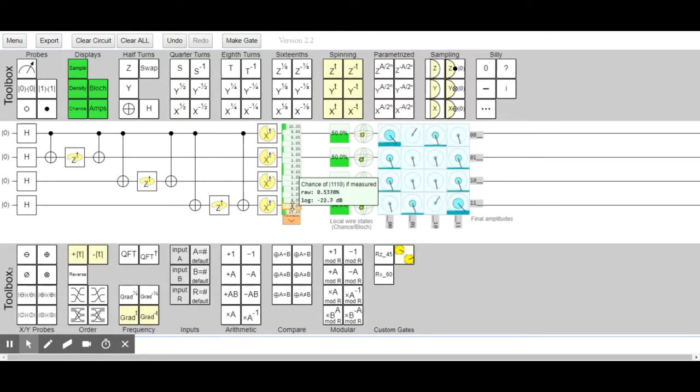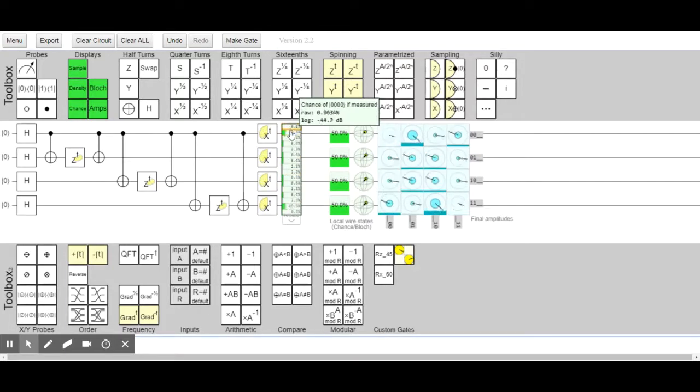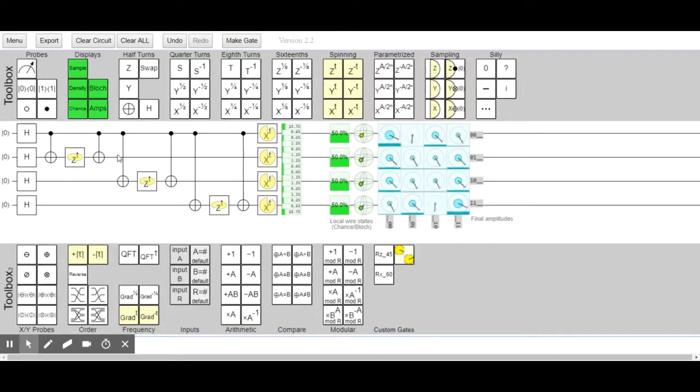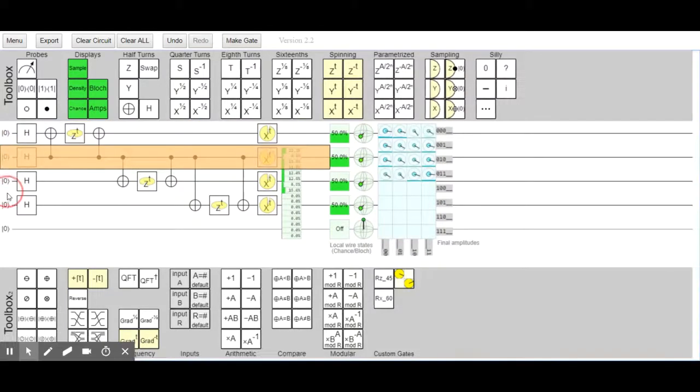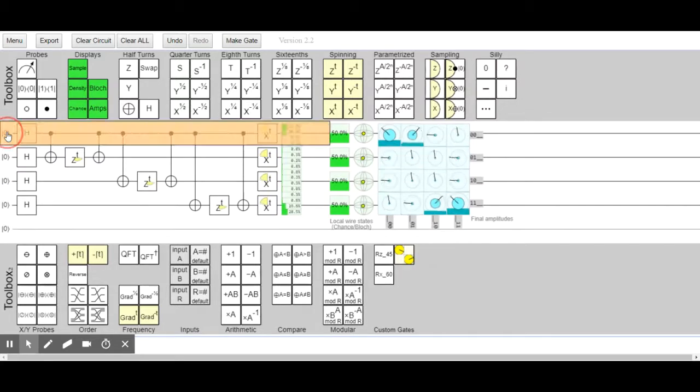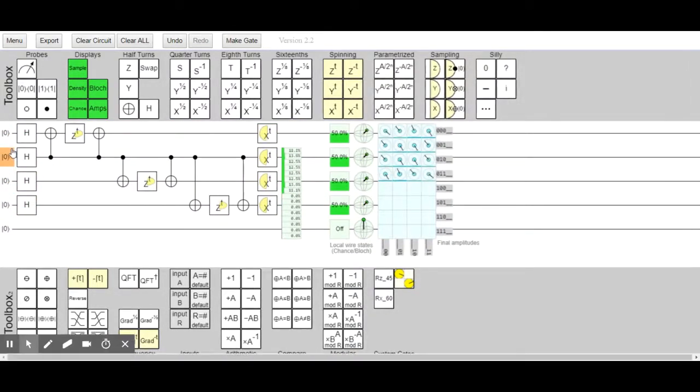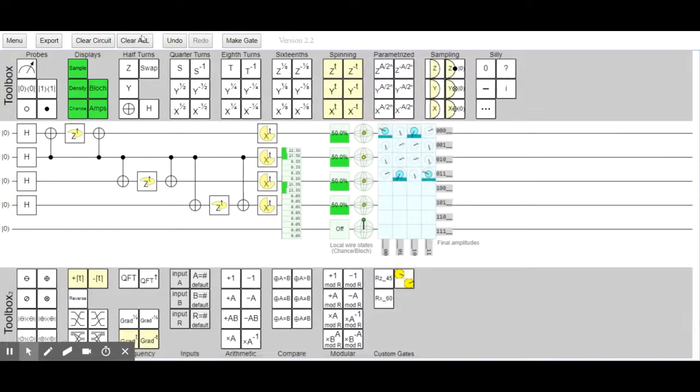Oh, unless this is flipped. I think it's the encoding. Can I just take the whole... No, I don't know, it's not going to work. No, I messed up. Undo.